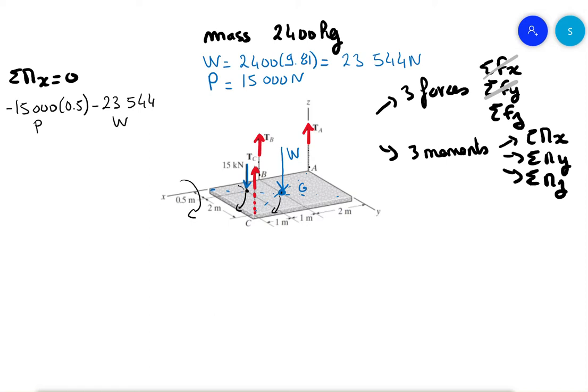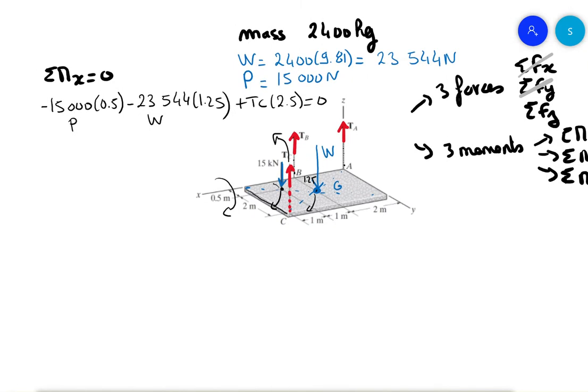The distance is in the middle of the plate, and the plate is 2.5, so 1.25, so times 1.25. Okay, and we have to balance. We only have TC that tends to rotate in the positive direction, so plus TC times this perpendicular distance between the axis X and the point C. That's 2.5, equals 0. Sorry, my organization is not perfect.